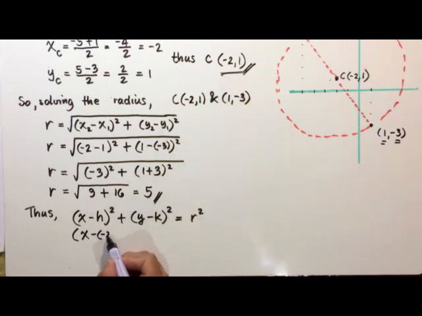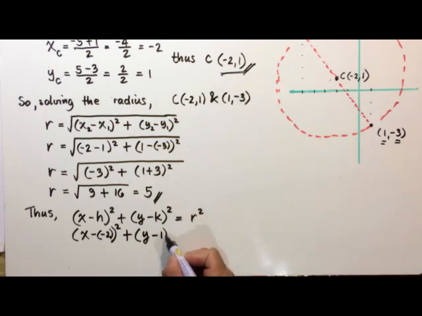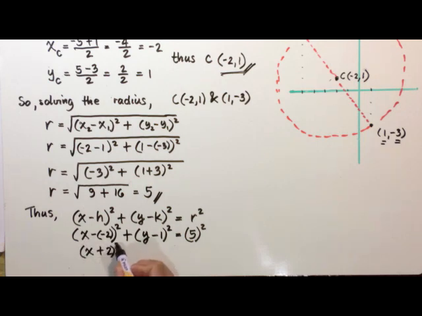So (x minus the -2) squared plus (y minus the y coordinate of my center, which is 1) quantity squared, and my radius is 5, so 5 squared here. To simplify, this is (x plus 2) quantity squared, because x minus the -2 is the same as x plus 2, plus (y minus 1) quantity squared is equal to 25.